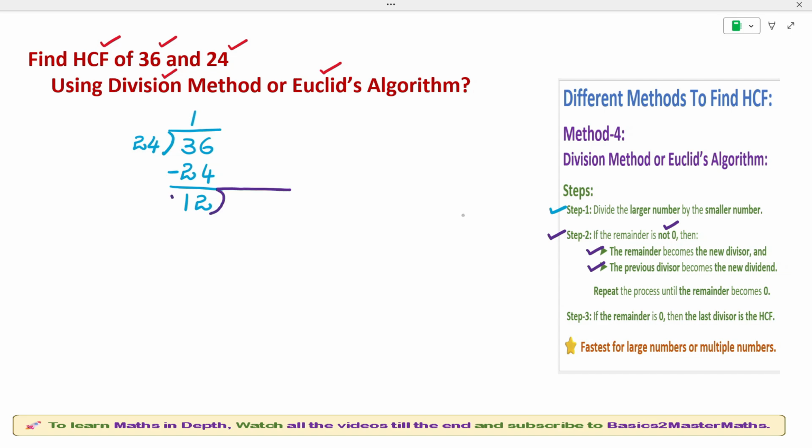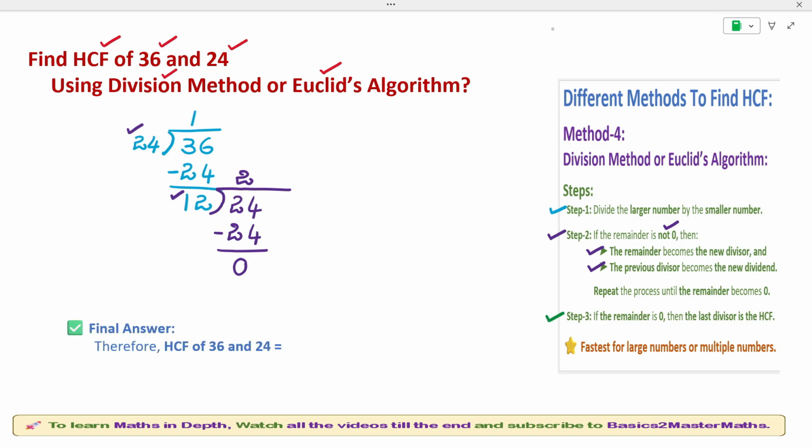In this case, 12 becomes the new divisor and 24 becomes the new dividend. When we divide 24 by 12, we get 2 as the quotient and 0 as the remainder.